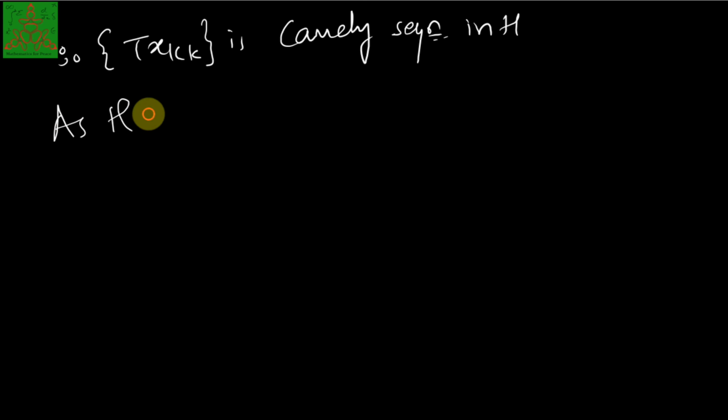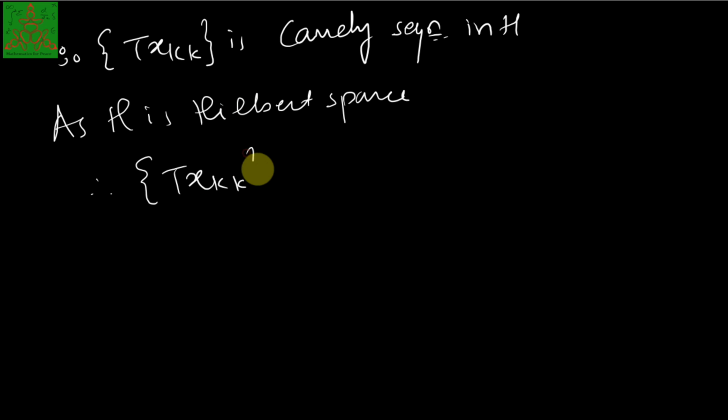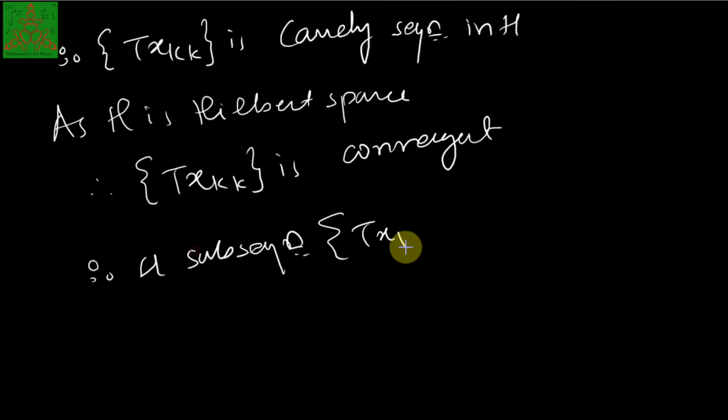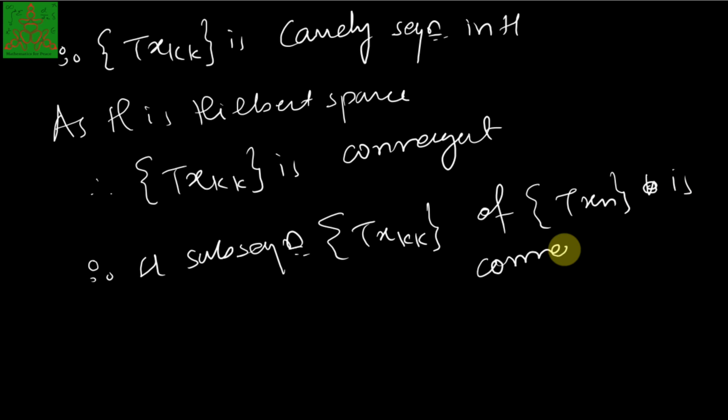As H is a Hilbert space, T of x_{kk} is convergent. T of x_{kk} is actually a subsequence of T xn. So therefore I can say that the subsequence T x_{kk} of T xn is convergent, and therefore T is compact.